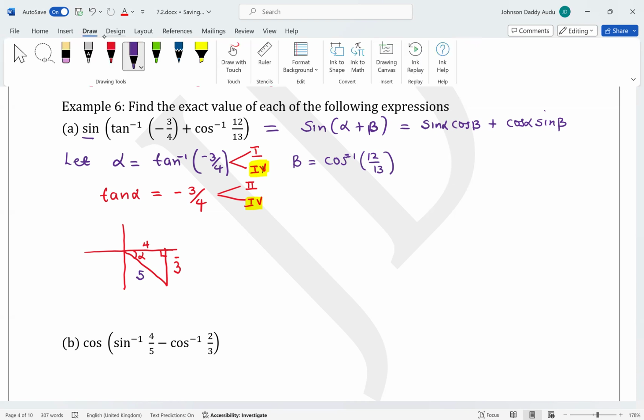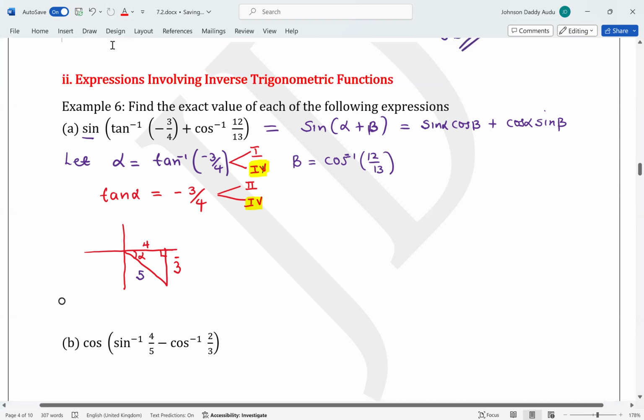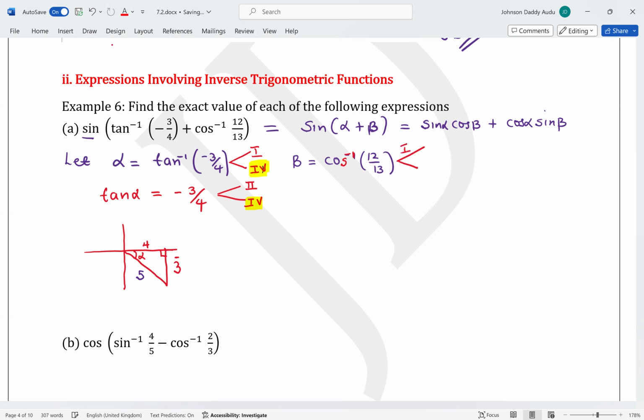Then let's come back here. Let's go to beta now. For beta, this is cosine inverse, right? But we know that cosine inverse could only be in the first or in the second quadrant because of the range, right? So if you take cosine of both sides, it means that cosine beta is going to be 12 over 13.